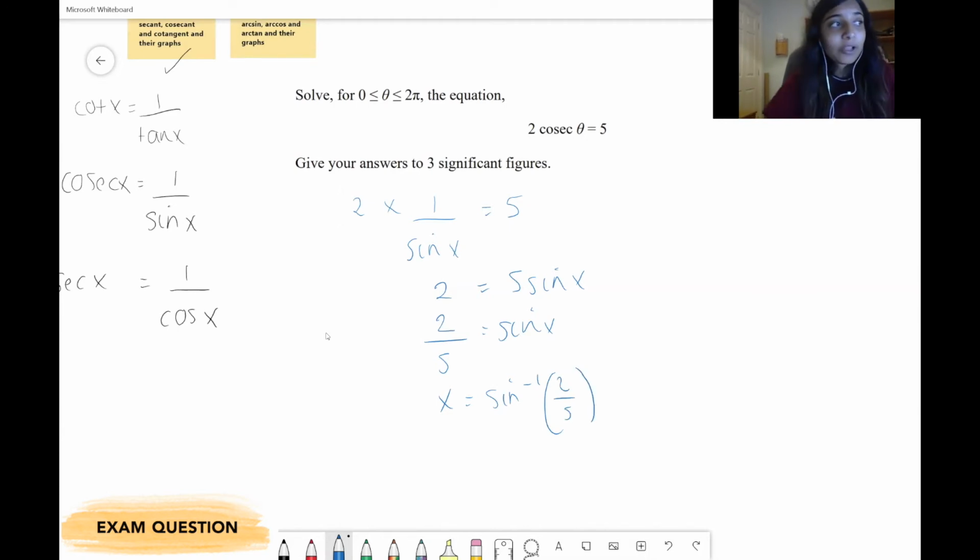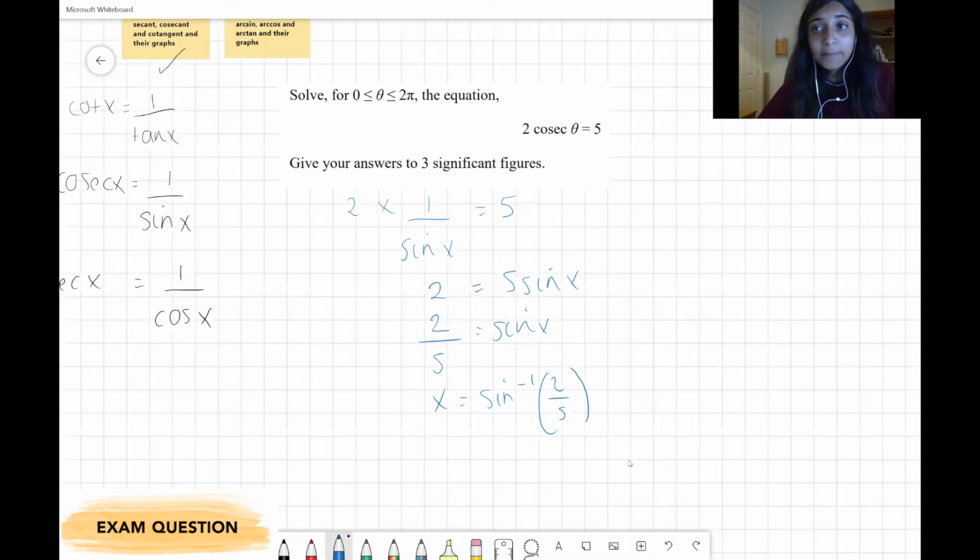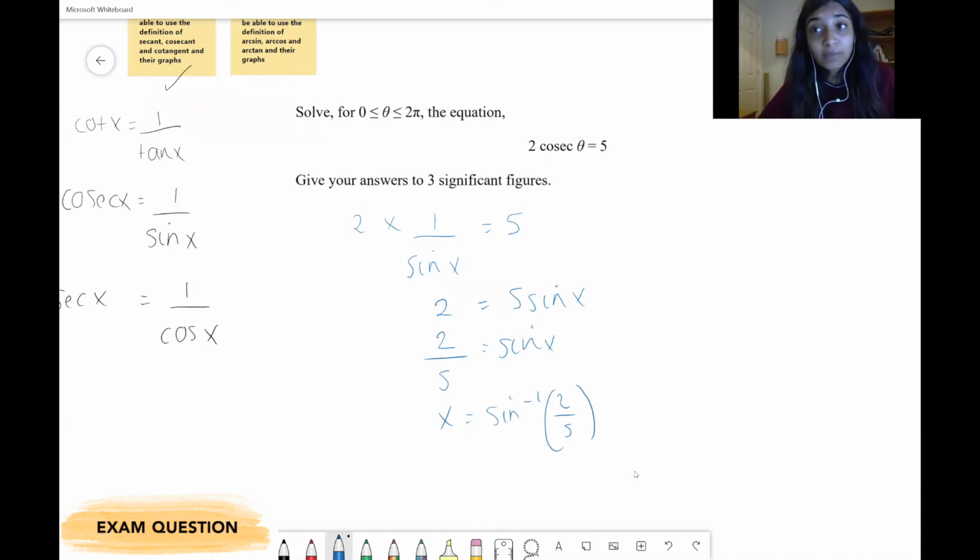Then you could plug that into your calculator and make sure that your calculator is in radians mode, because they want it with pi, so that means they want it in radian form. So if you do that, you should get that theta is equal to 0.412.